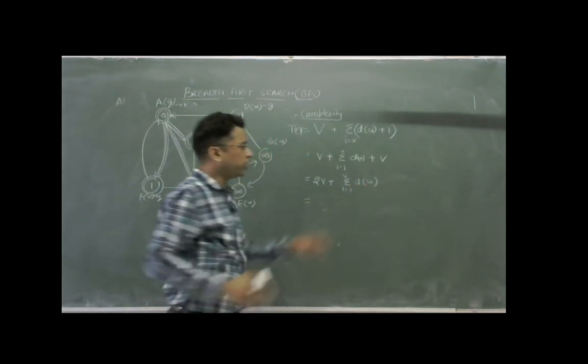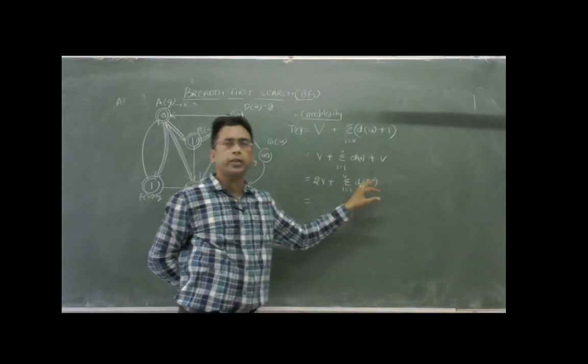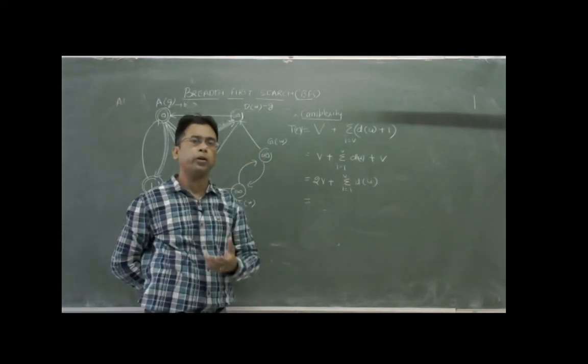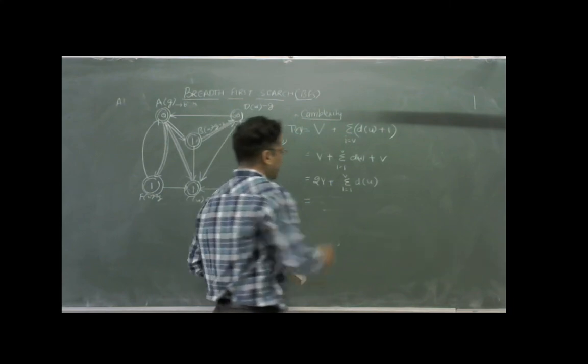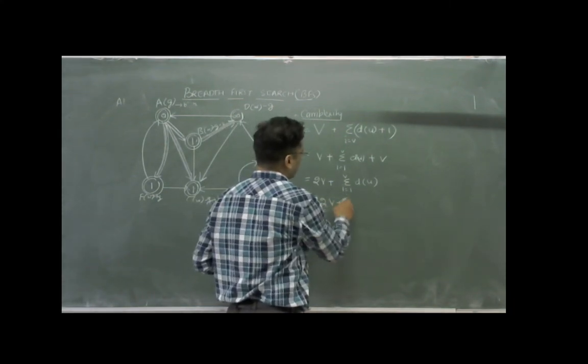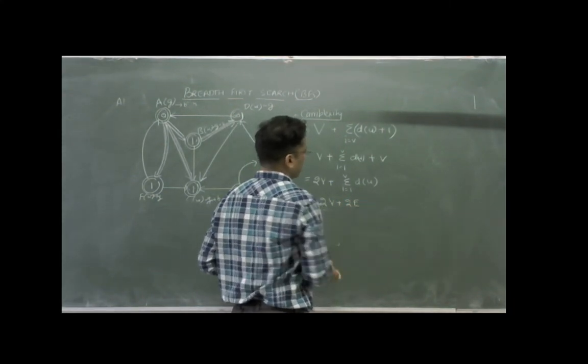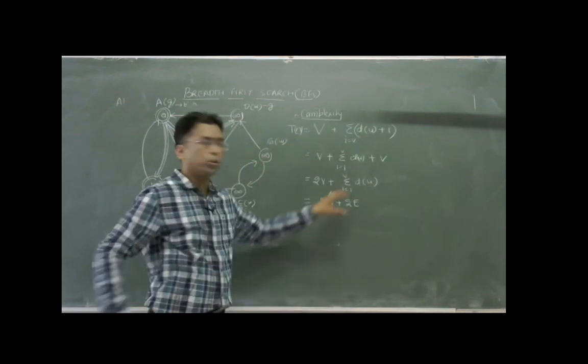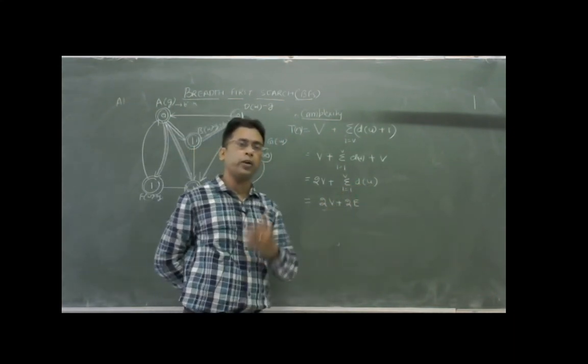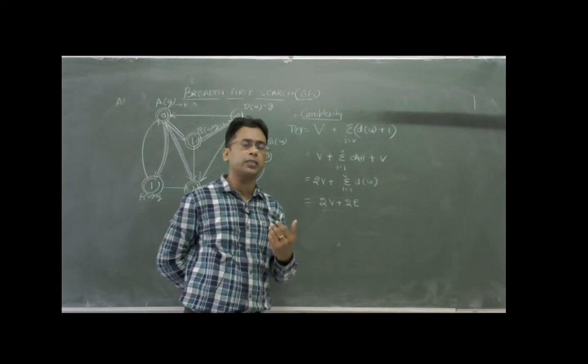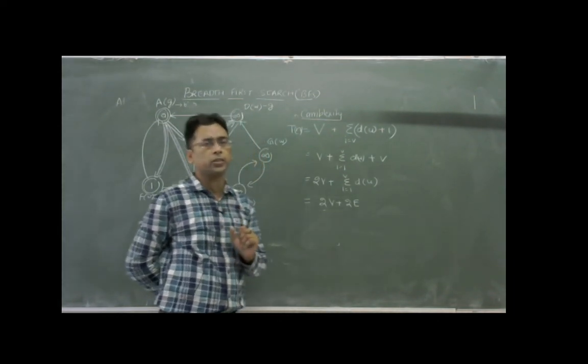Now we know that the sum of degrees of the graph is twice the number of edges. So this is equal to 2V plus 2E, because each edge is counted as a two-sided connection.